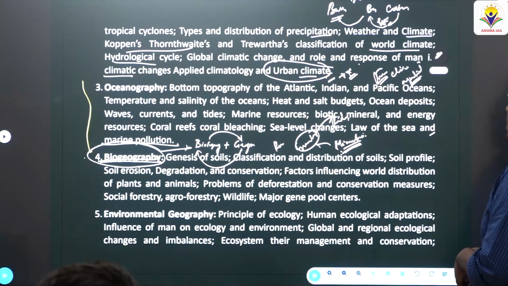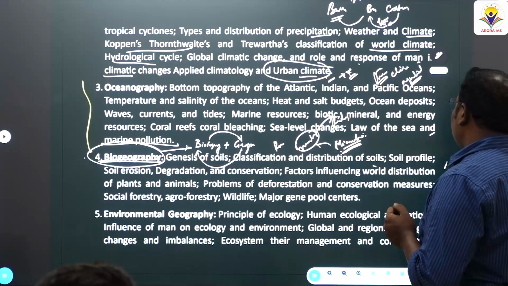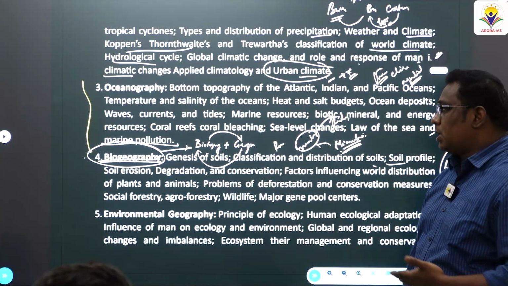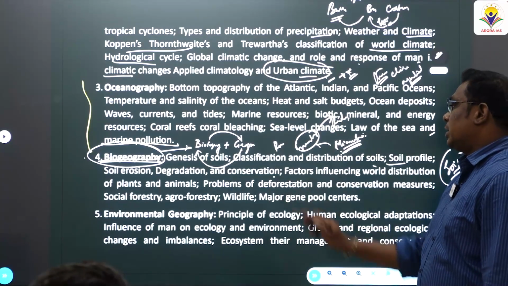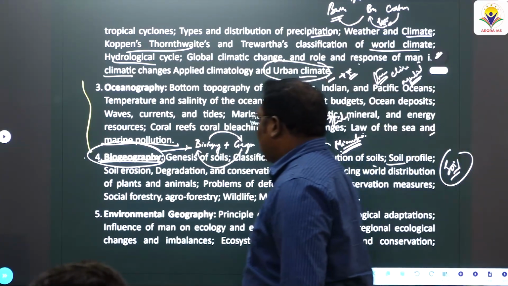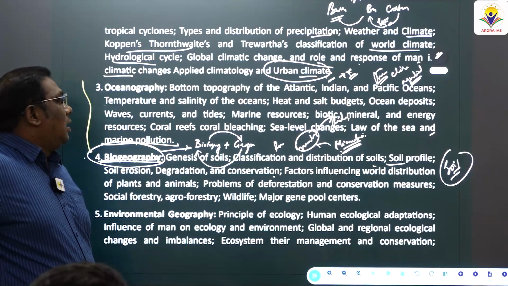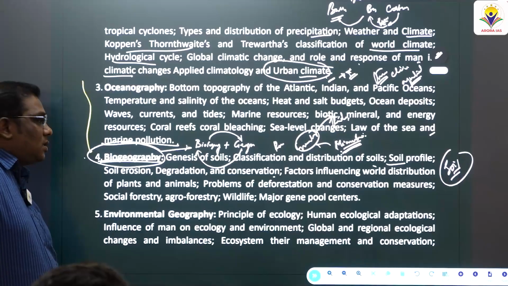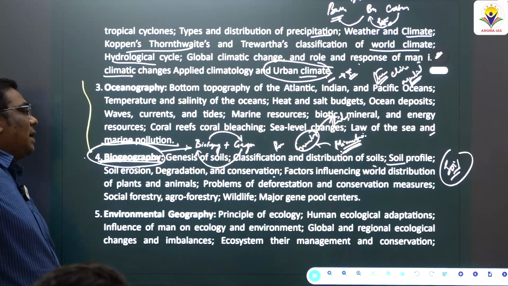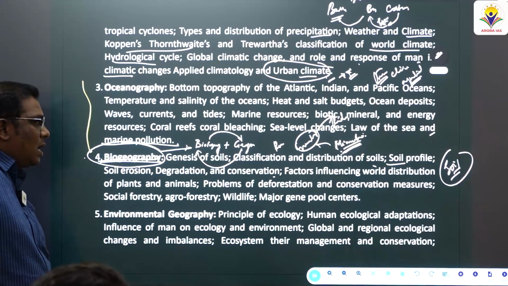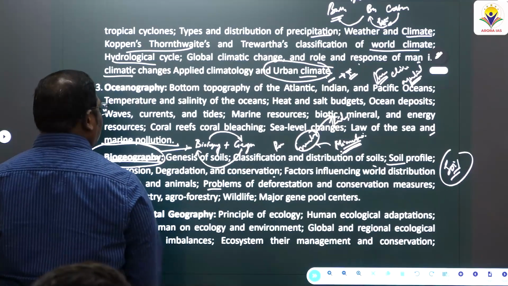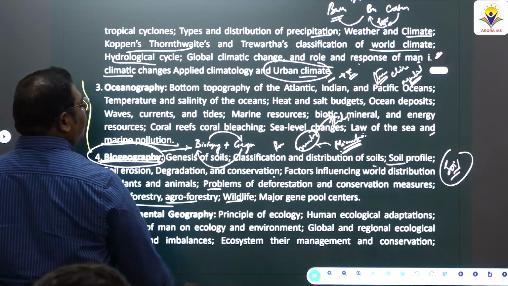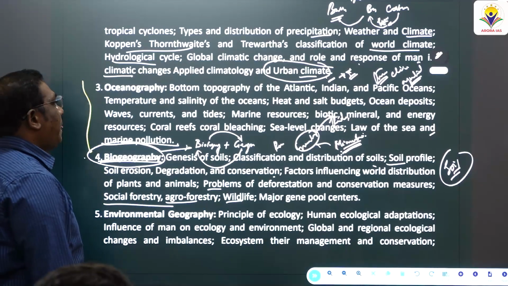We will see that. Classification and distribution of the soil, this is mostly related to the soil. And the soil profile, the vertical cross section of the soil, soil erosion, degradation and conservation, how to protect the soil. And factors influencing the distribution of world plants and animals. Here we will come across the biomes, problems of deforestation and conservation measures, social forestry, agroforestry, wildlife, major gene pool centers.